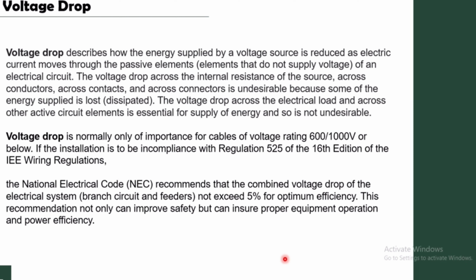And the important thing also is that the National Electrical Code NEC recommends that the combined voltage drop of the electrical system, branch circuit and feeders, not exceed 5% for optimum efficiency. This recommendation can not only improve safety but also ensure proper equipment operation and power efficiency.